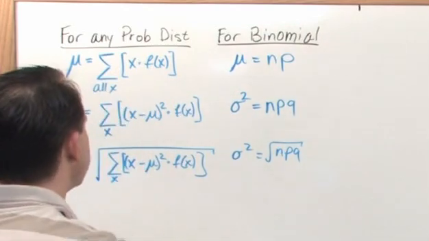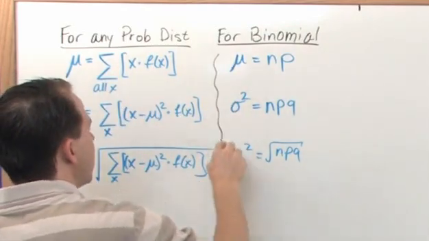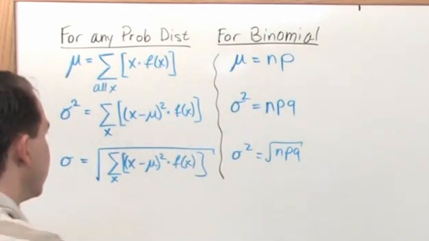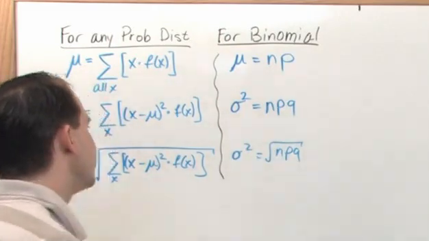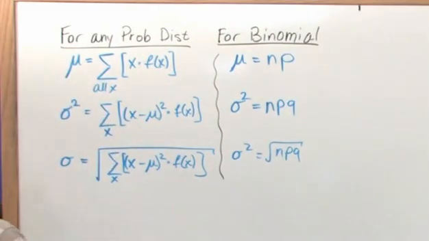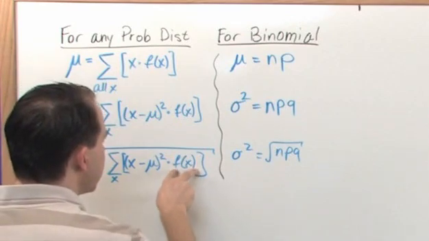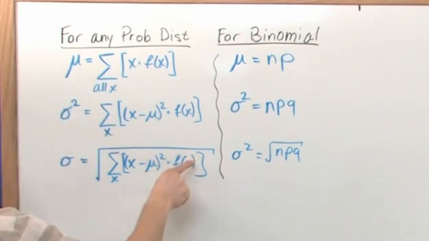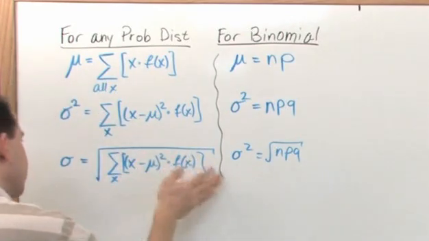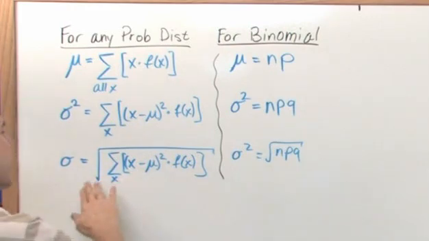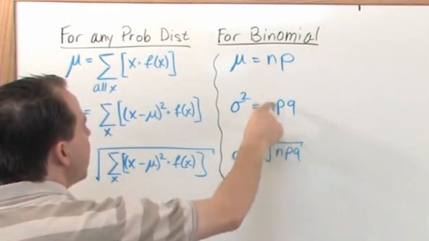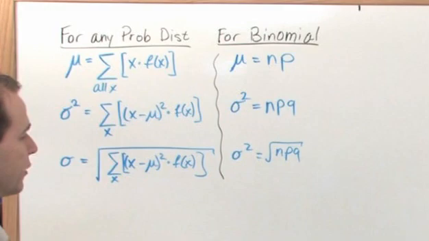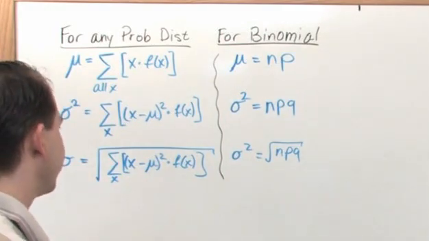I'm actually not going to be in the business of necessarily deriving these for you here. For a binomial distribution, you could plug in what you know for the binomial distribution function and simplify all this, and with some math you can figure out that it actually just equals some manipulation of the parameters for the binomial function.